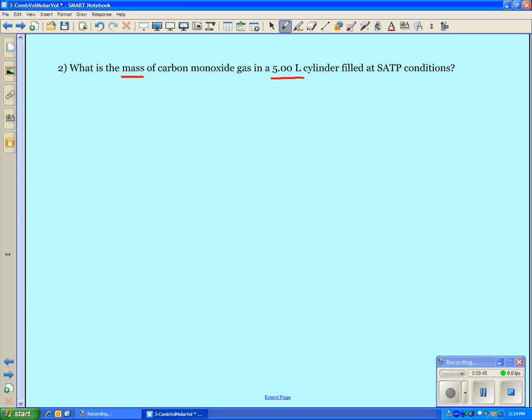We could change that into moles using molar volume, and from there we'll be able to calculate mass. So we've got volume of carbon monoxide, so we're going to change it into moles, n. 5.00 liters times by our ratio so that we can change it into moles. Moles goes on the top, liters goes on the bottom.